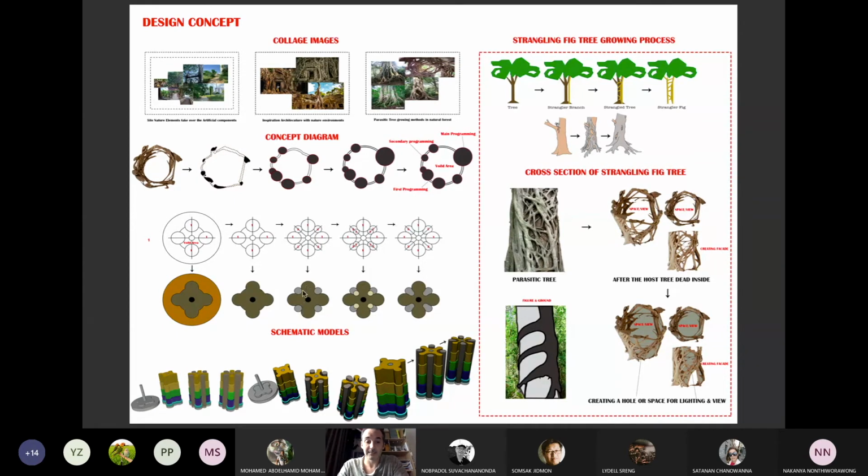The idea is that with this geometry, you need to think about where the opportunities are. What is the potential? What kind of space can you get from this geometry? The more variable spaces you can get, the more interesting your section is going to be, and the more interesting your plan drawings are going to be.